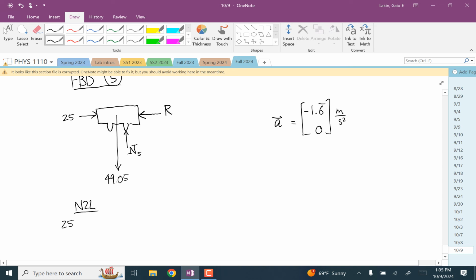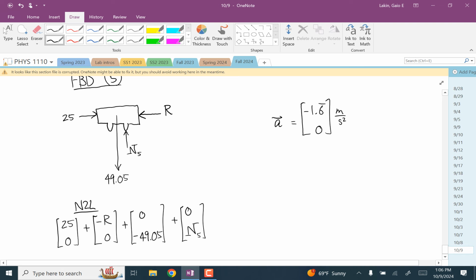And we get 25, 0 plus negative R, 0 plus 0, negative 49.05 plus 0, N5 is equal to the mass of our chosen body. That's 5 this time. And the acceleration is negative 1.6 repeating, 0.